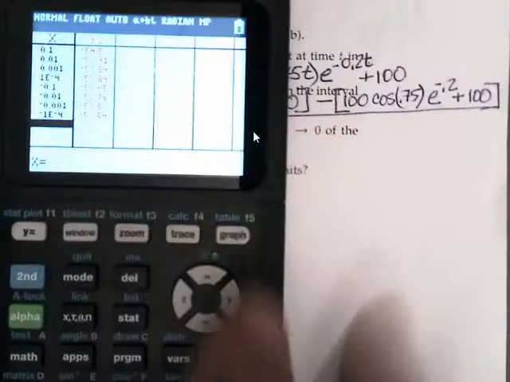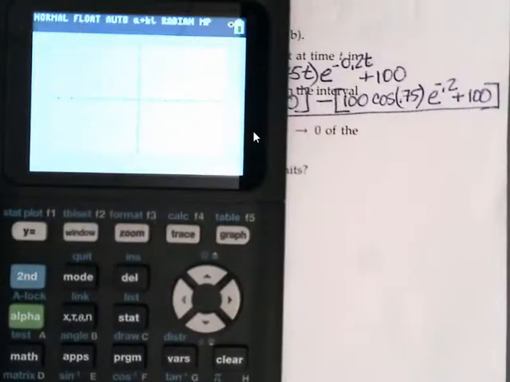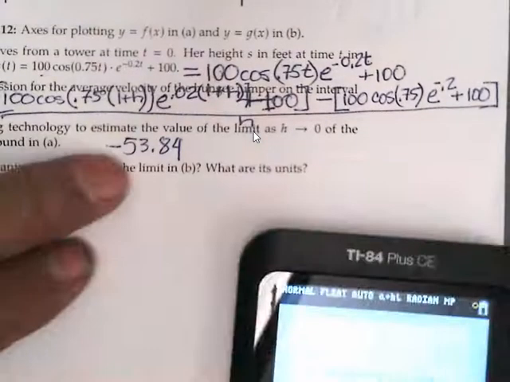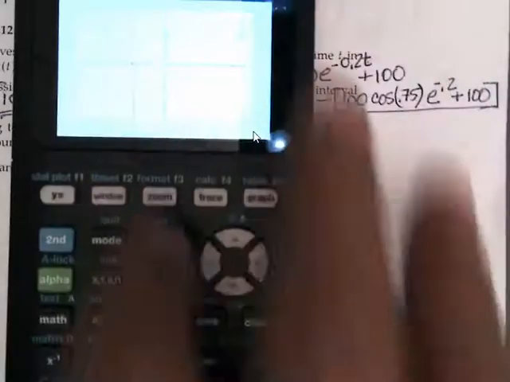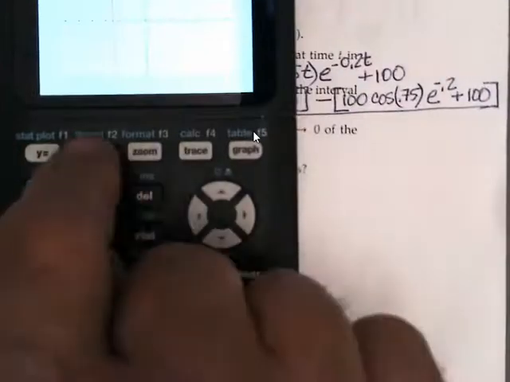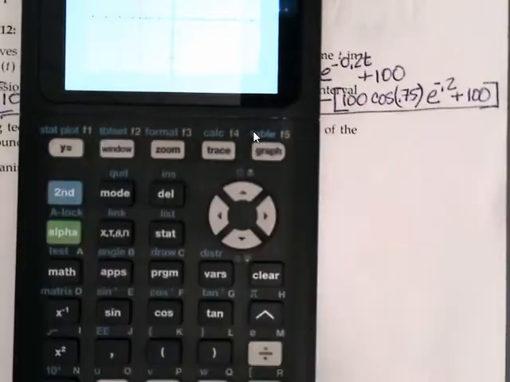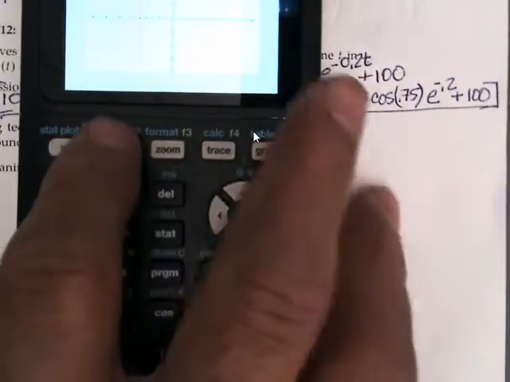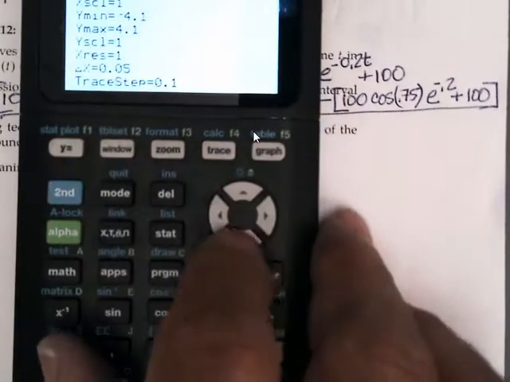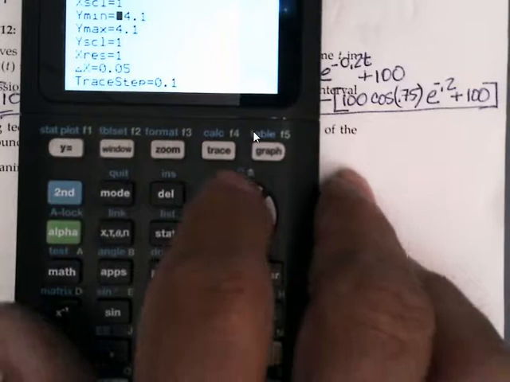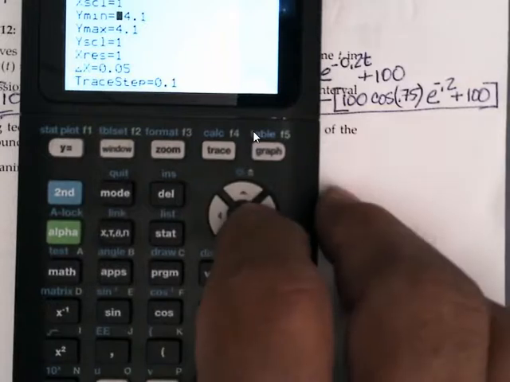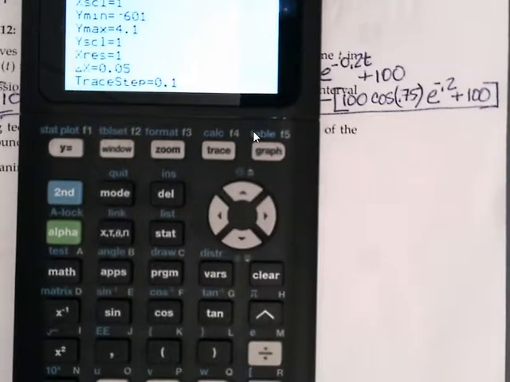I could also graph it, and we don't see anything, but we kind of know why, because it's at negative 53. Oh, it's headed down there. So I'm going to go to my window. Yep, but it finished graphing. Now try window, and I need to look down, so my y minimum's got to be a lot smaller, like negative 60.